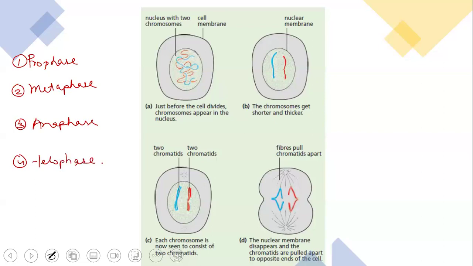What is prophase? Do you remember how I told you that all of the DNA is lying loosely in the form of threads that we call chromatin? Right? That's what I told you. All of the DNA is lying loosely in the form of chromatin. So what is going to happen before the cell can divide? That chromatin has to condense and turn into chromosomes.